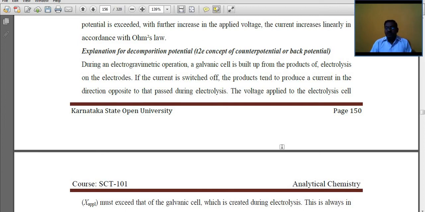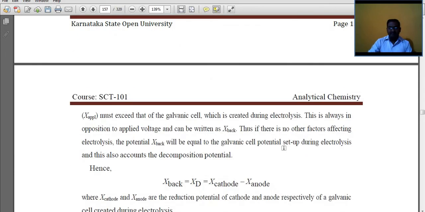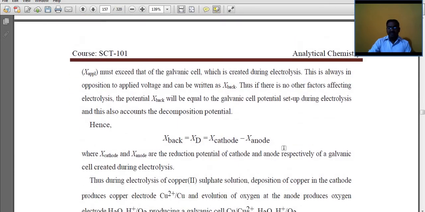The voltage applied to the electrolysis cell must exceed that of the galvanic cell, which is created during electrolysis. This is always in opposition to the applied voltage and can be written as E back. Thus, if there are no other factors affecting electrolysis, the potential will be equal to the galvanic cell potential set up during electrolysis.